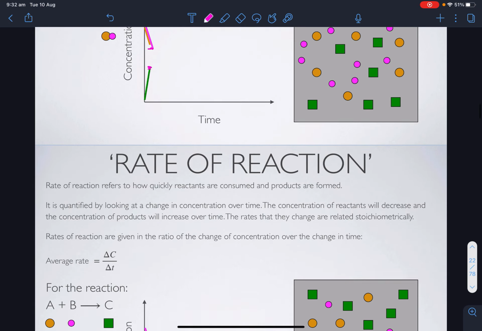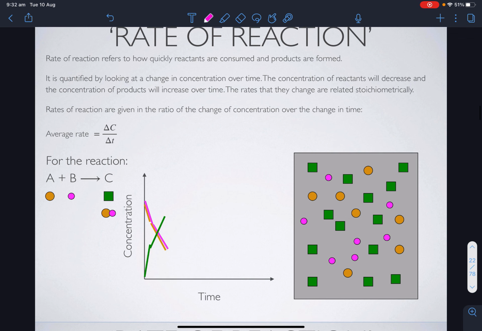Let's take another step forward in time, okay? Now we're up to here. Okay, and you can see that more green has formed and we've lost a bit more orange and pink, but not at the same rate. It's slowed down somewhat. You can see that in my rough curve here that I've just used straight lines, that the gradient has dropped for each of them.